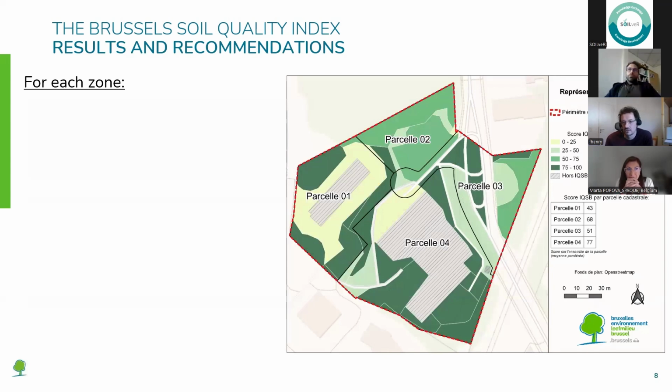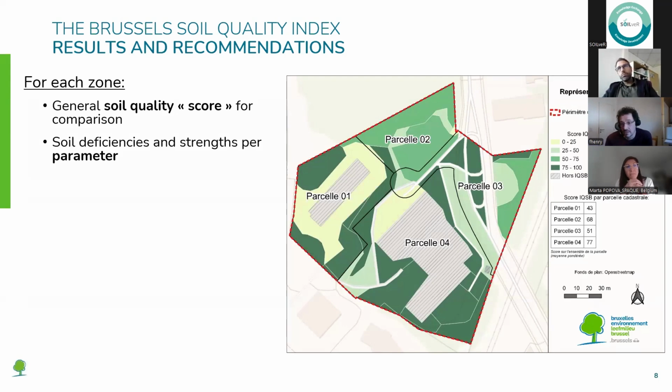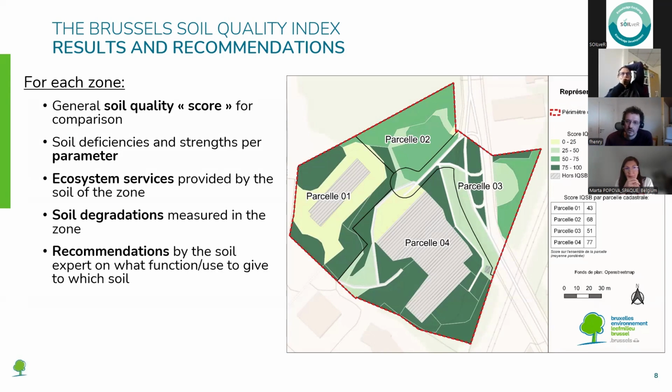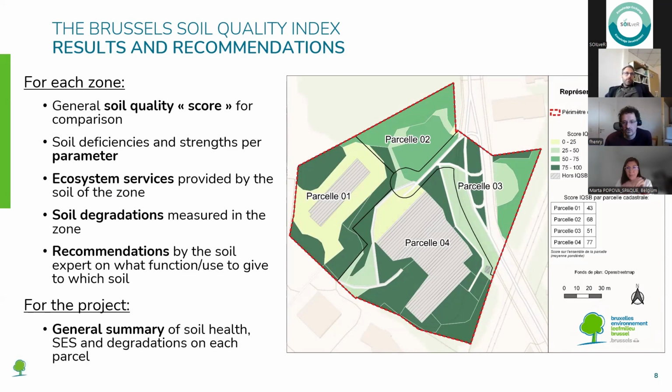For each homogeneous zone: a general soil quality score, plot and homogeneous zone soil deficiencies and strengths per parameter, ecosystem services provided by the soil of the zone, soil degradation measured in the zone, recommendations by the soil expert on what function to give to which soil, and also for the project, a general summary of soil health, ecosystem services, and degradation on each parcel.